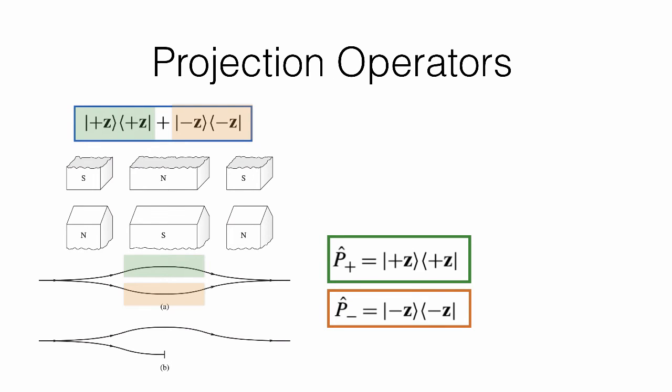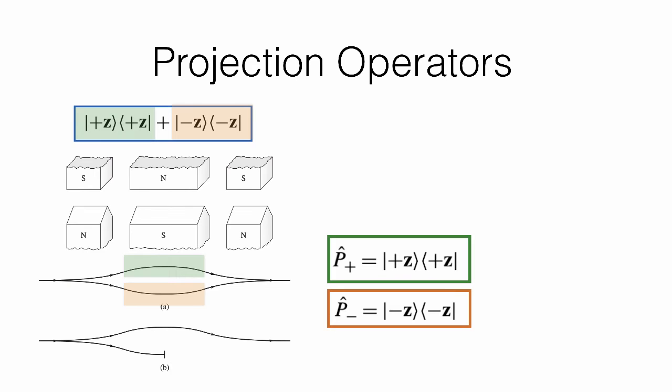Now we can go further, because suppose now that we decide to block one of the two channels in the modified Stern-Gerlach experiment. What we've really done is to select those states that project out on plus z. And we could do, of course, the same on the bottom channel for the minus z. In other words, we can re-express the identity operator as a sum of two operators, one being a projector on the plus z state and the other one on the minus z state.